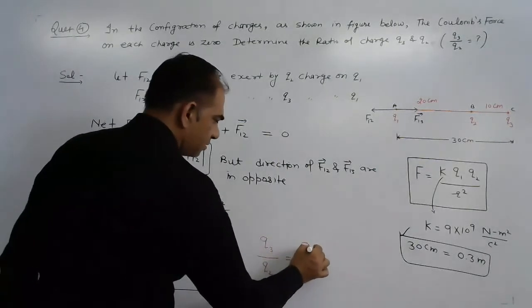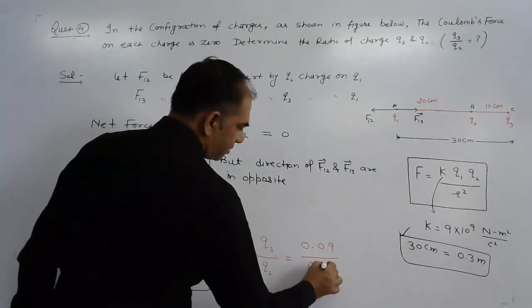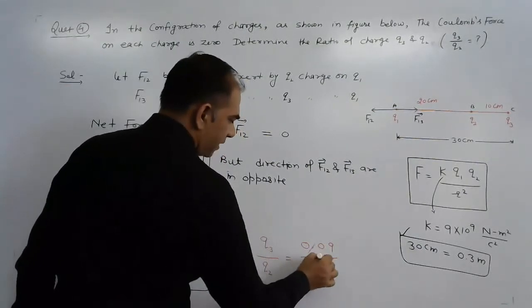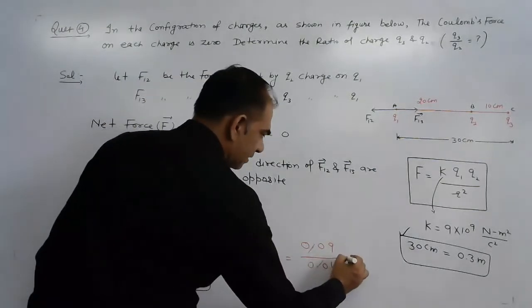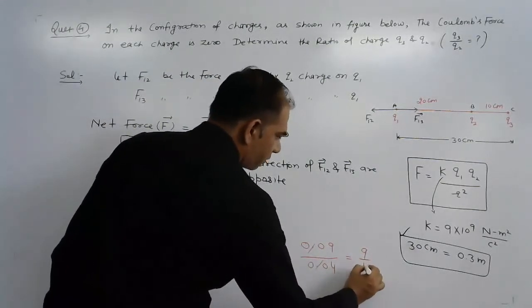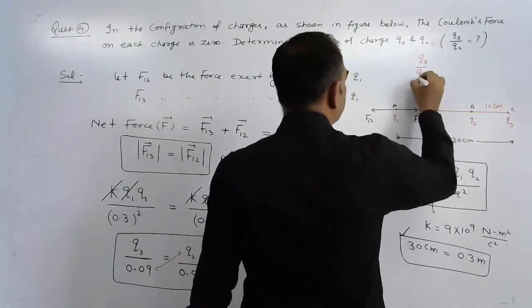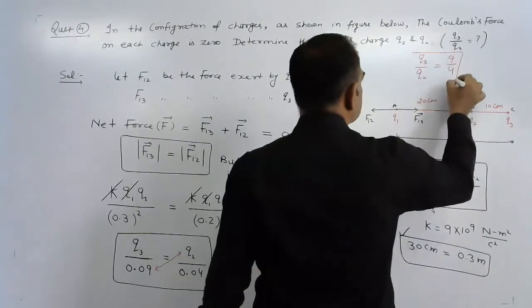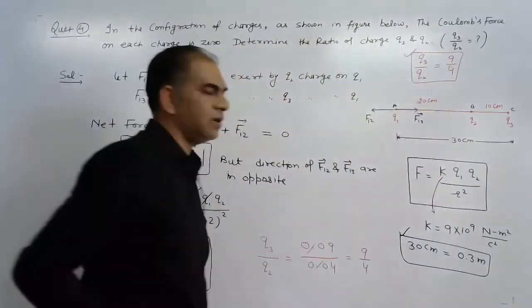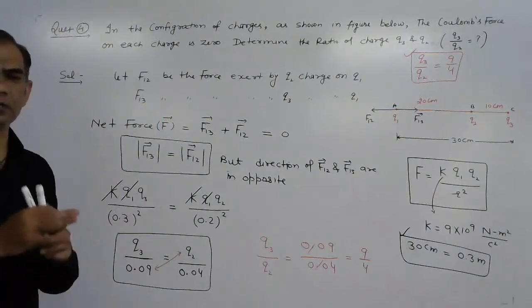It becomes 0.09 upon 0.04. The decimals cancel, and finally we get the answer 9 upon 4. So the answer is Q3 by Q2 is equal to 9 upon 4. This is the answer. In this way we solve this question.